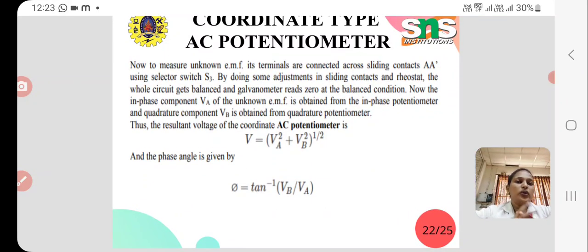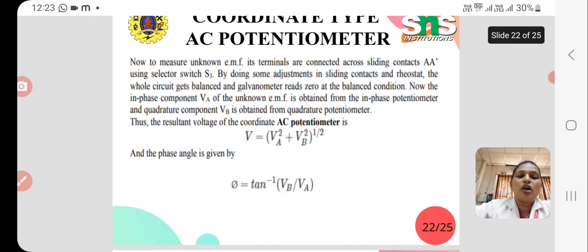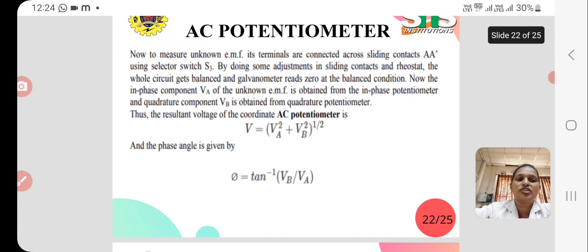To measure the unknown EMF, its terminals are connected across A dash using the selector switch S3. By doing some adjustments in the contacts and rheostats, the whole circuit gets balanced and the galvanometer reads zero deflection at the balance condition. Now the in phase voltage component, which is V1, or VA, of the unknown EMF is obtained from the in phase potentiometer, and the quadrature component, here termed VB, can be obtained from the quadrature potentiometer.